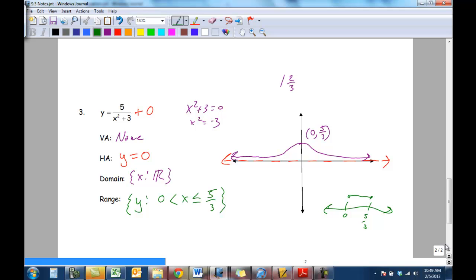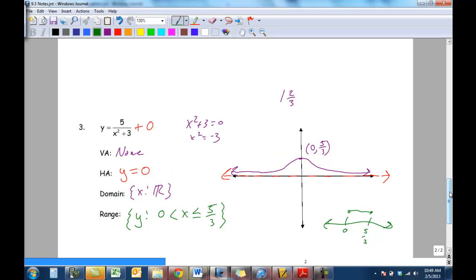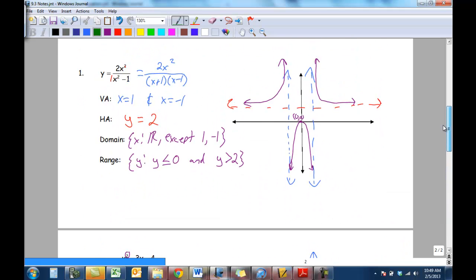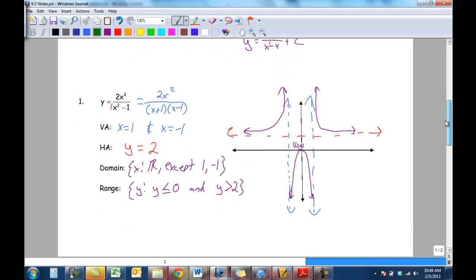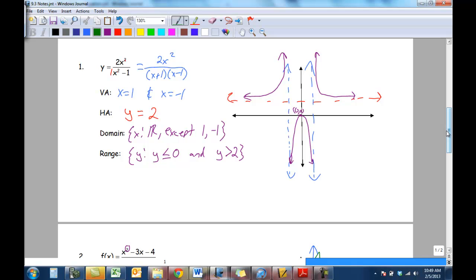Alright, so here's a couple of things, guys. When you're doing these types of problems, there's no telling what the graph is going to look like. Look how wonky this is. And that one. And holy cow on that one. Right? There's no telling. You have to use your calculator to see what this is going to look like. The other thing is this.